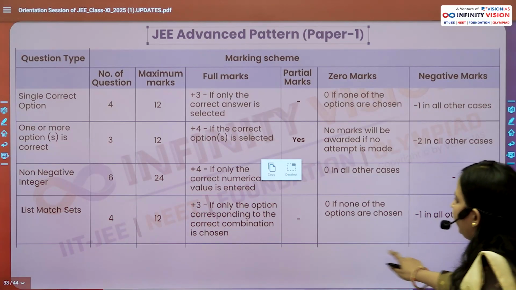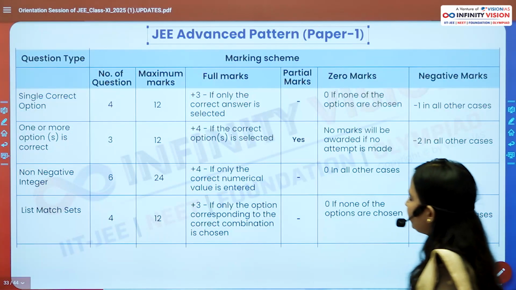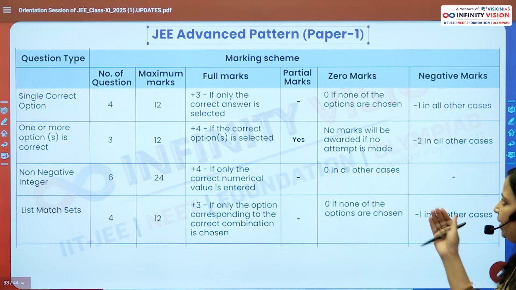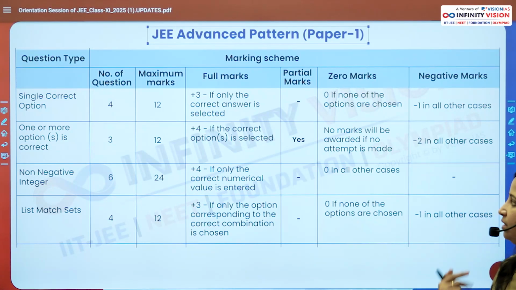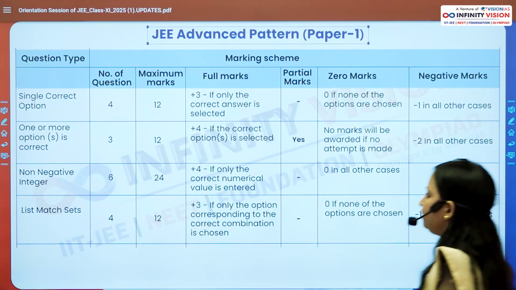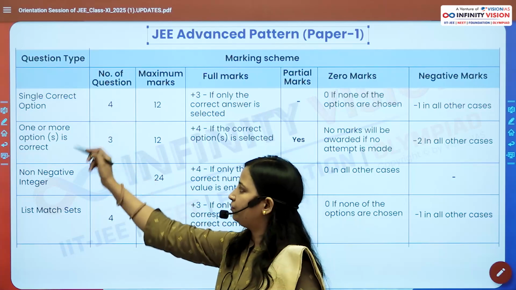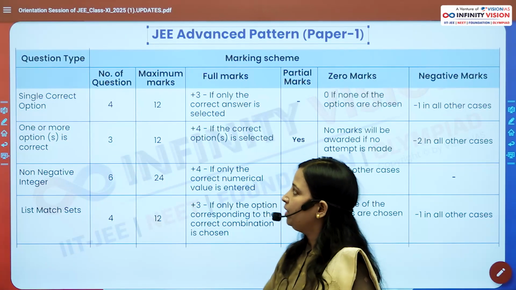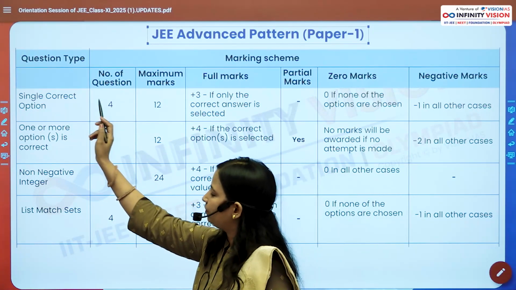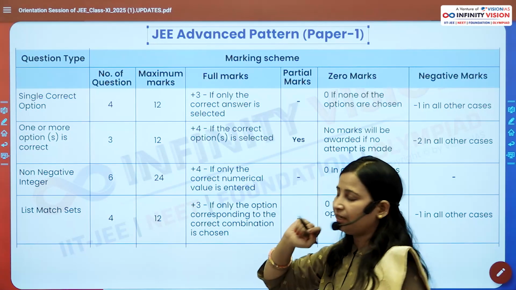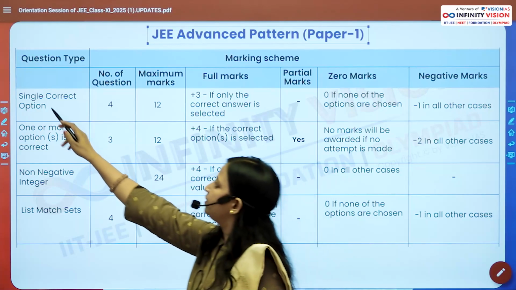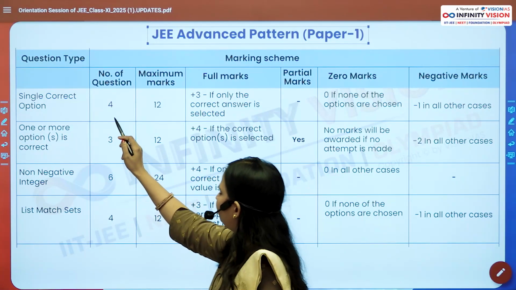Okay, now what is the pattern? Looking at the question pattern, as I have said, each section, physics, chemistry, and mathematics, is further divided into 4 sections, and each of these 4 sections comprises different types of questions. Section 1, as per the JEE Advanced paper in 2024, is single correct option. The number of questions was 4.